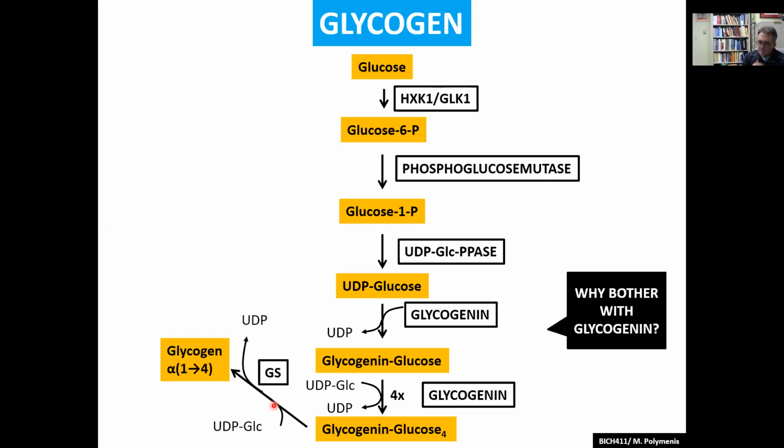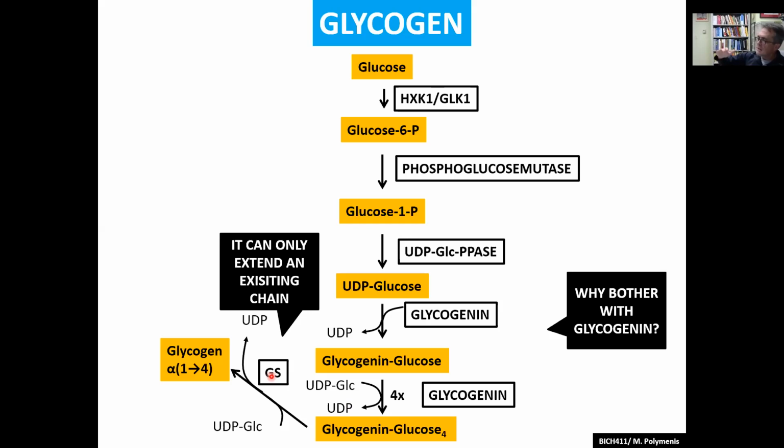The question is, why bother with glycogenin? Why couldn't glycogen synthase come in and start just extending? I mean, why do we need glycogenin in the first place, to have this short little stump here of 4 glucose residues? Well, the answer is that glycogen synthase needs a landing pad before it can work.